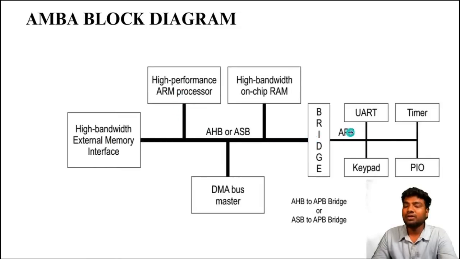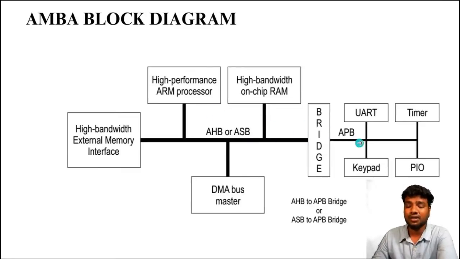But APB is low speed, like low frequency and low bandwidth. So we can't make communication directly from AHB to APB. The AHB bus works at high speed, but the APB bus works at low speed.